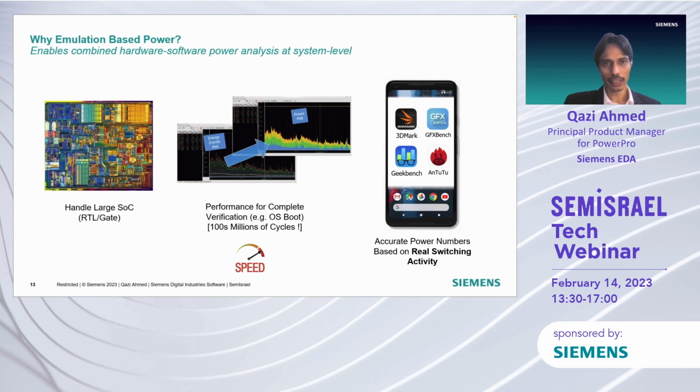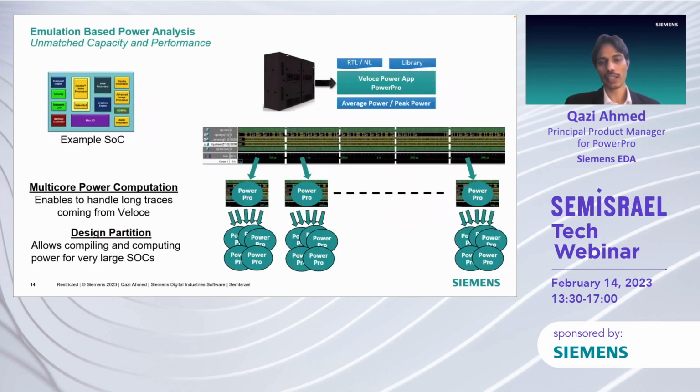Now, what emulation does is that it allows you to do hardware and software co-validation and then do power that is software driven as well. PowerPro is tightly integrated with Veloce, and we have a unique solution to capacity, which is called design partitioning. PowerPro allows you to partition the design into multiple chunks, and it computes power for those chunks on separate processes or CPUs.